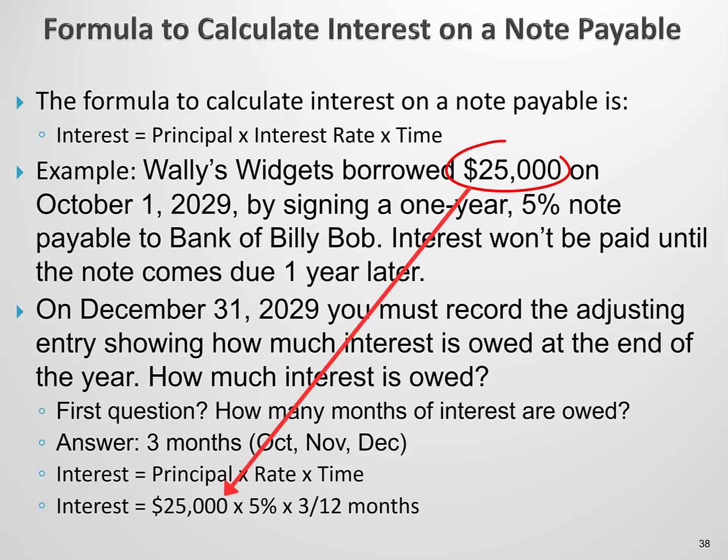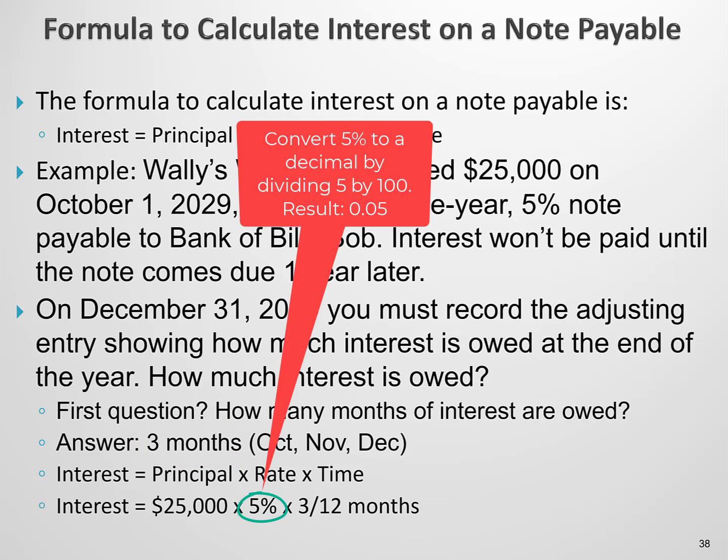So the principal is the amount of the loan, so $25,000. 5% is the interest rate on the note, so we plug that in here. And then time is the number of months out of 12 months that have passed. So now the only other thing we need to do before we do the calculation is convert 5% to a decimal.